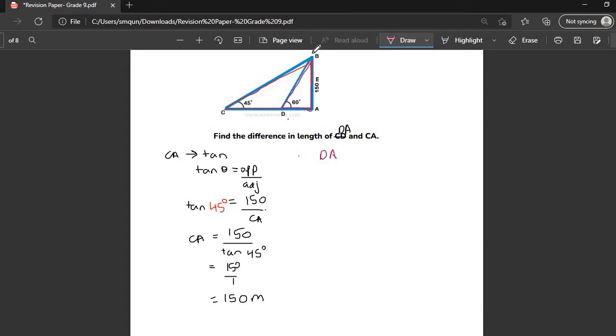The distance that is here, 150 meters, would be the same, but we want to find DA now. And the angle in the smaller triangle would be 60 degrees. So what trig ratio do we use? Again, we use tan, because the unknown side, DA, is the adjacent side and the known side is the opposite side. The trig ratio that has opposite and adjacent is tan.